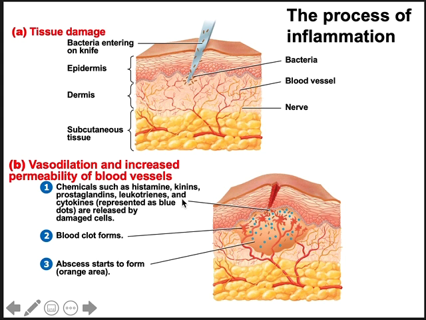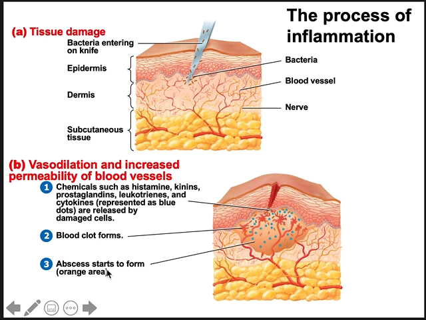And this is very, very fast. You're going to vasodilate. It's going to swell, right? You're going to get extra blood flow so that you get a very strong, immediate response. At the same time, you're going to be forming a blood clot to stop the bleeding, okay? And then your body will work to heal that. And at the same time, your body has to work to make sure that you don't have an infection, okay?